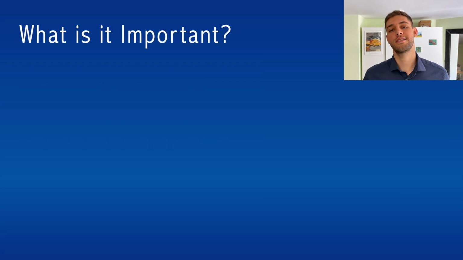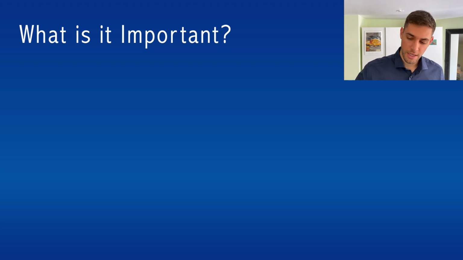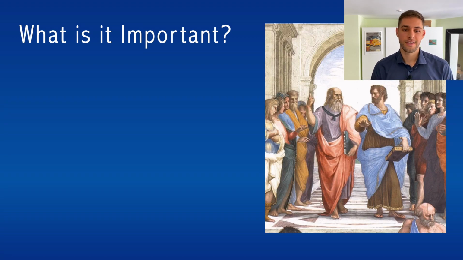Now, the next question that we have to ask ourselves is, why is it important? So why is compassion important? Now, this question dates pretty far back. Here we have a picture of Plato and Aristotle in the Platonic Academy, which is the first university of the world.